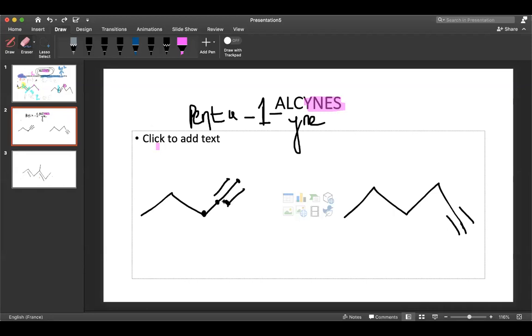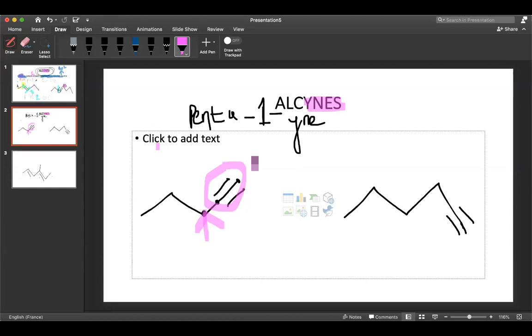If we just say 1, 2, it will be wrong, because this one here has SP3 hybridization, and this carbon to carbon bond here has SP hybridization. So no, don't worry.